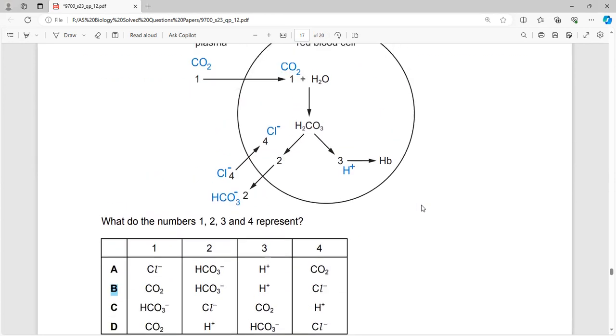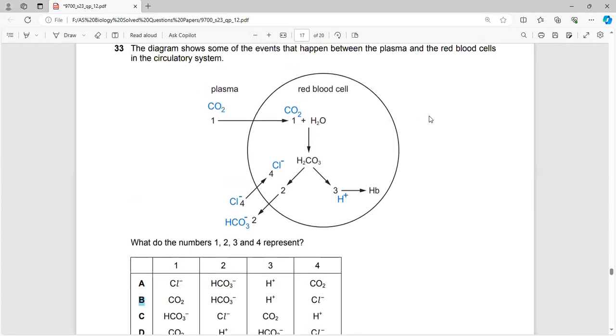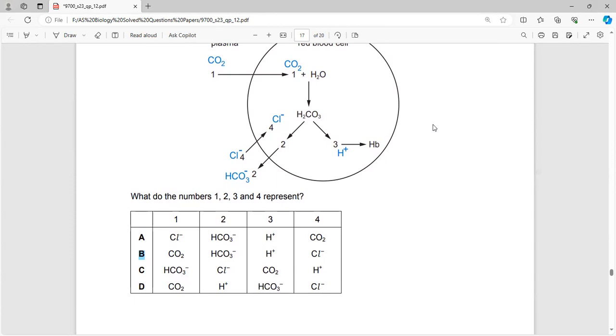We're going to proceed here. So what is the question? In the question, what do the numbers 1, 2, 3, and 4 represent? Number 1 is our carbon dioxide, and number 2 are hydrogen carbonate ions.